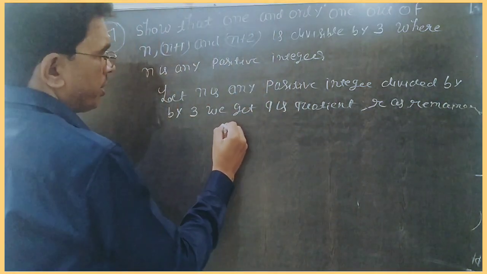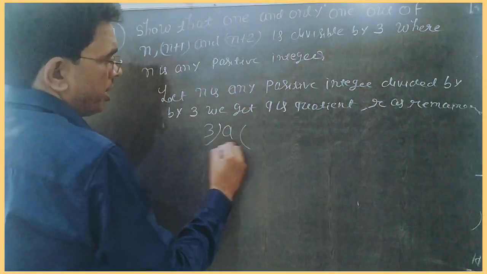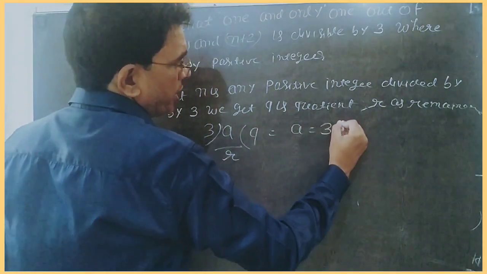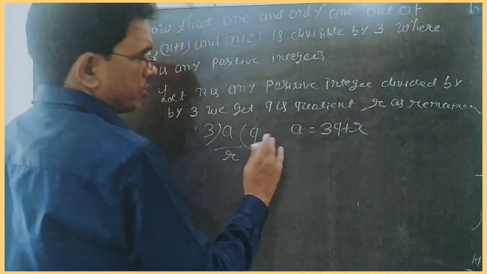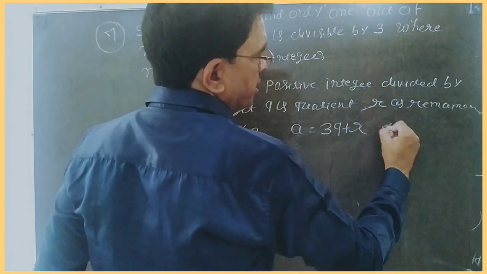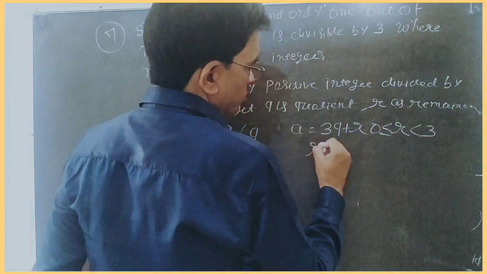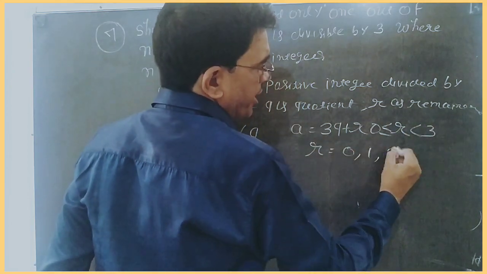What you get? You get a divided by 3, r is remainder, q is quotient. Then a is equal to 3q plus r. So there is the condition that r is greater than or equal to 0 but less than 3. So r is only possible 0, 1 and 2.